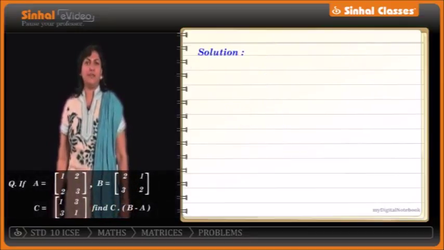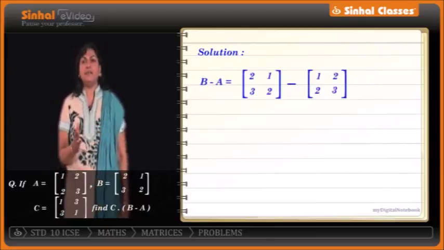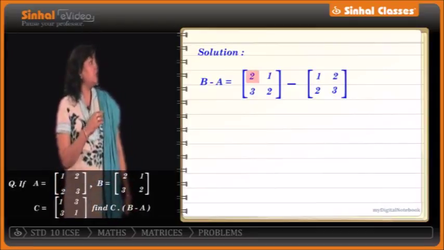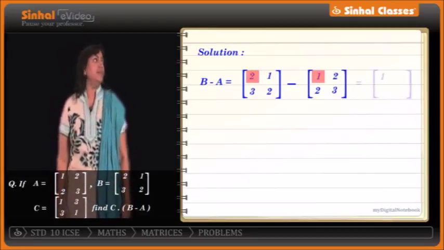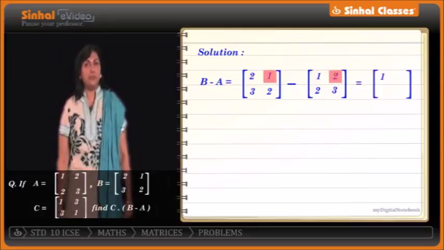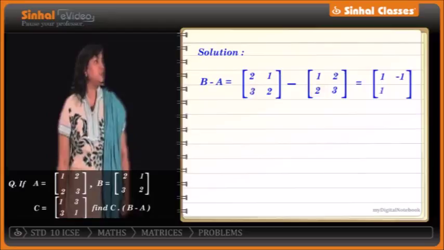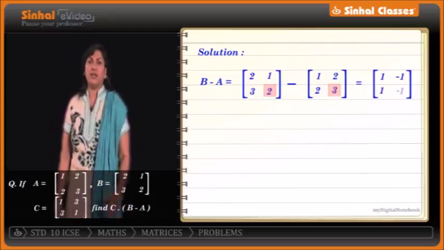Now let's see how to find B minus A. To find B minus A, we subtract the corresponding elements as 2 minus 1, 1, 1 minus 2, minus 1, 3 minus 2, 1 and 2 minus 3, minus 1.